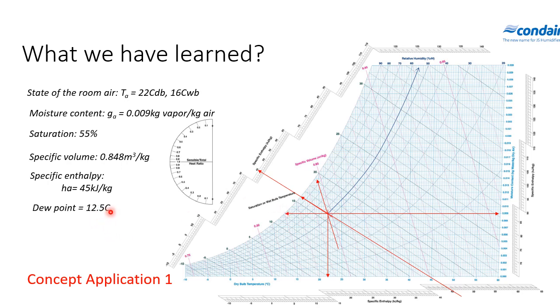So this is called the dew point, 12.5. So altogether we have all 7 psychrometric properties for the room air. The state of air at this point can be represented by at least 2 psychrometric properties, and the others can all be found from this psychrometric chart.